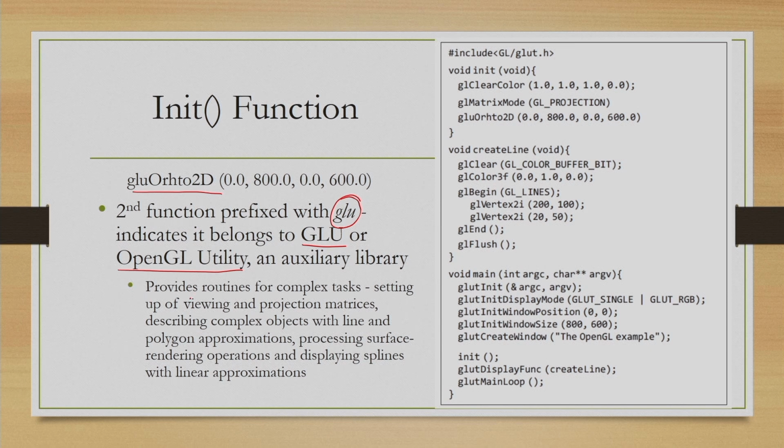This library provides routines for complex tasks such as setting up of viewing and projection matrices, describing complex objects with line and polygon approximations, processing of surface rendering operations, and displaying splines with linear approximations. These are some examples of the complex tasks that are part of the pipeline, which are implemented in this OpenGL Utility auxiliary library.